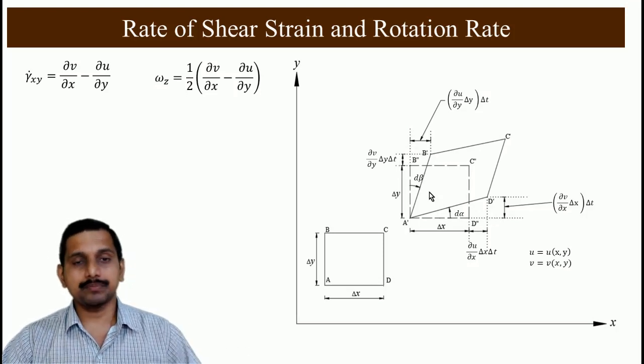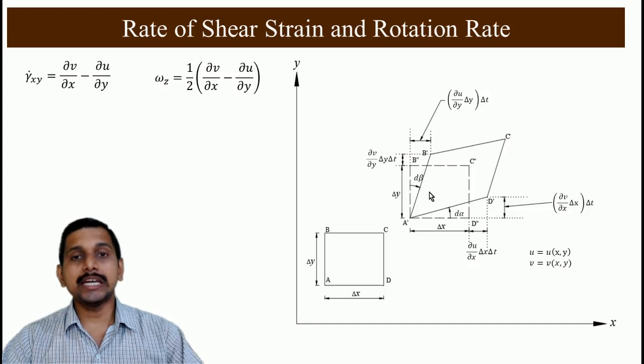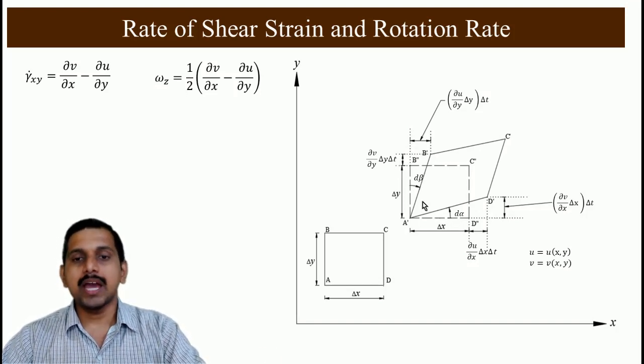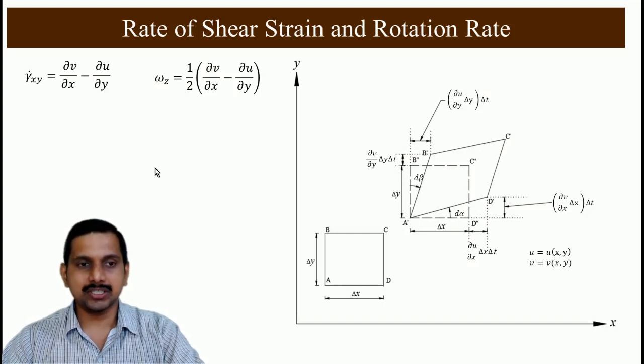Whenever we take shear strain, it is the angular deformation which is happening, and the rate of that angular deformation, we have derived in the last videos, is gamma xy dot equal to ∂v/∂x minus ∂u/∂y.